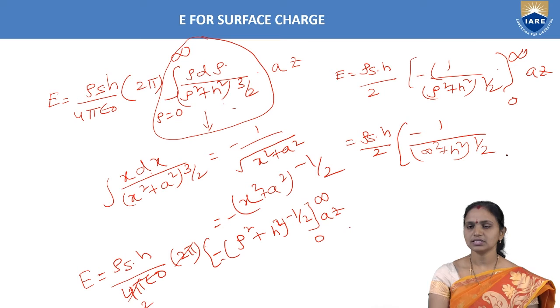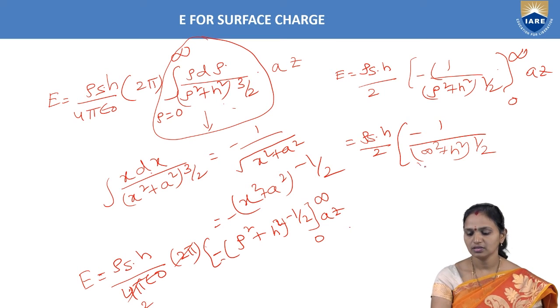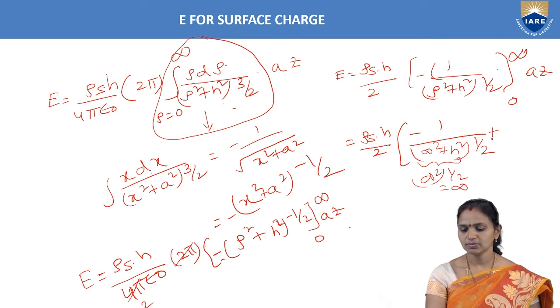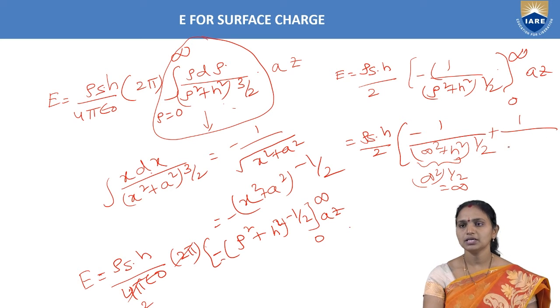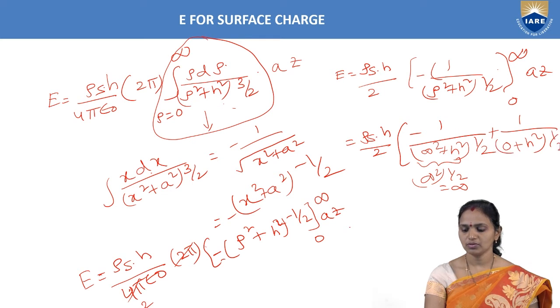Anyhow, the infinite square plus h square term results in infinite square whole to the power of 1 by 2, which is equal to infinite. By substituting the lower limit, this will become minus of minus plus 1 by, in place of rho we must substitute 0 square plus h square whole to the power of 1 by 2.